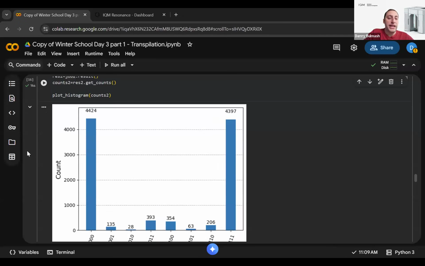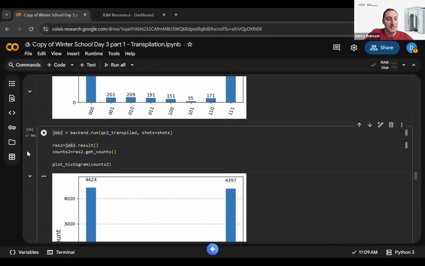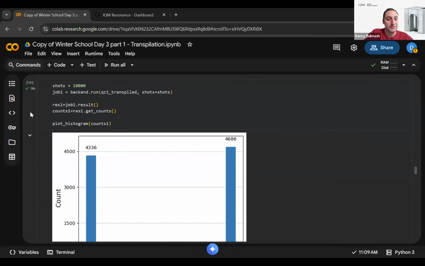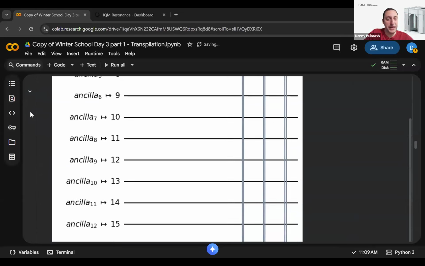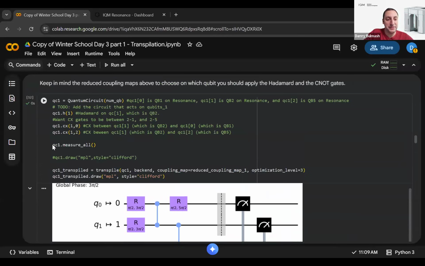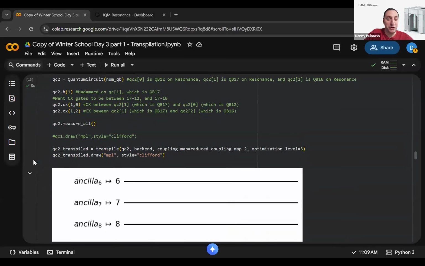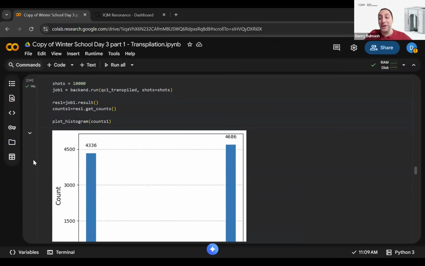While that's running, oh, it still ended up being about the same. That's peculiar. I'm just going to double check that I didn't make a silly mistake. Nope, those circuits look right. That's peculiar. I don't know why those qubits weren't as good as it looked like. So maybe try experimenting with different sets of qubits and see if you get some different results.